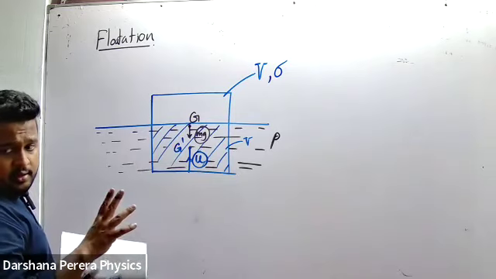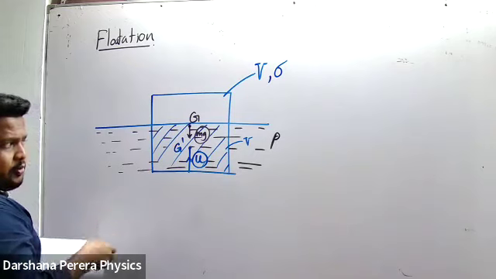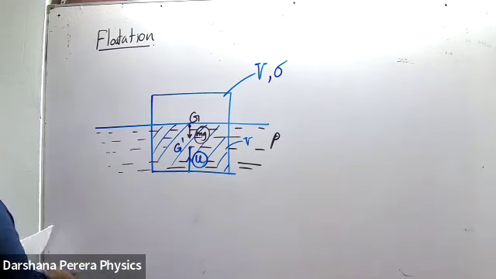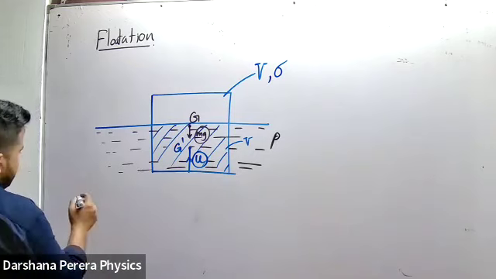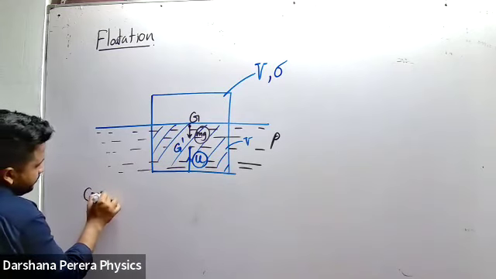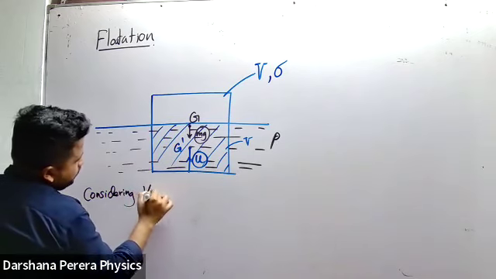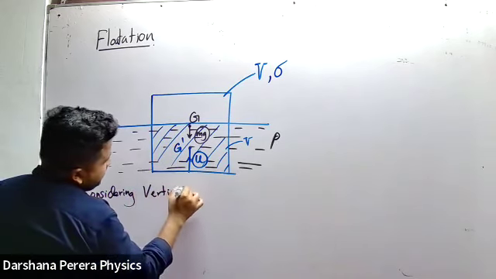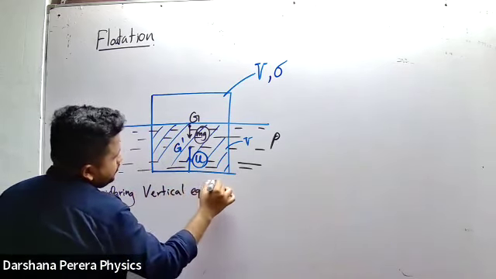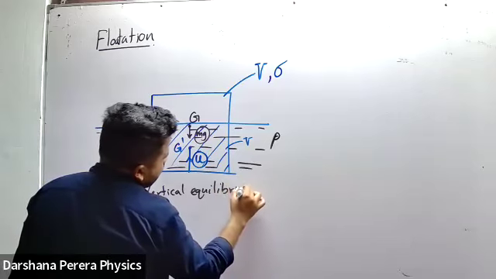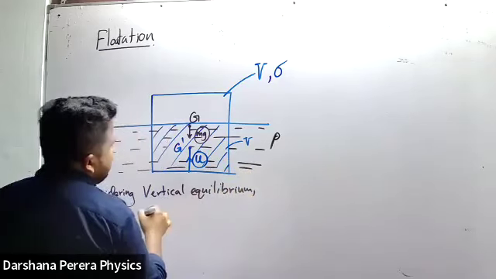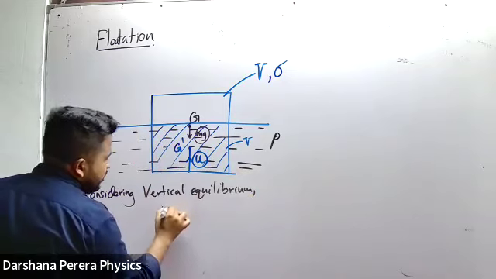I consider the equilibrium of the forces, right? Considering vertical equilibrium, I can say u equals Mg.